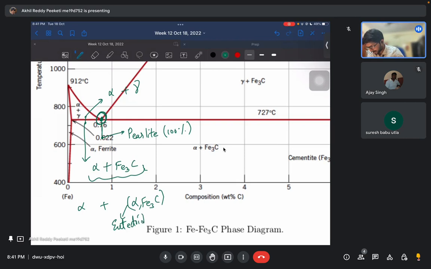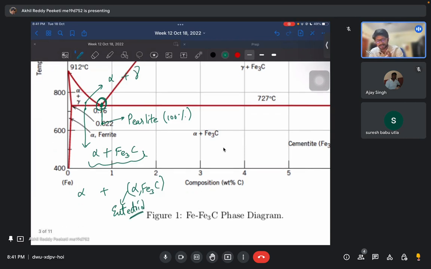The microstructure will look like this: you have separate alpha and you have separate eutectoid mixture of alpha and Fe3C. So this alpha which is already existing is called the primary alpha or the proeutectoid alpha. Is this clear?